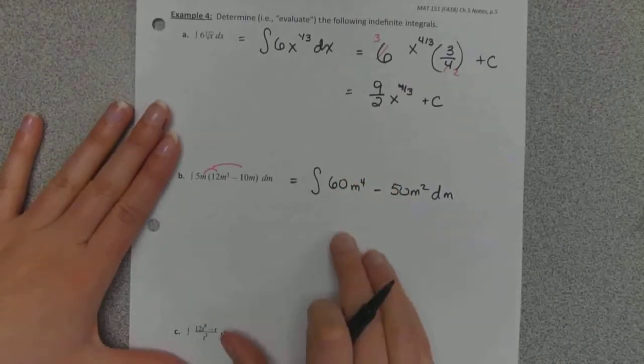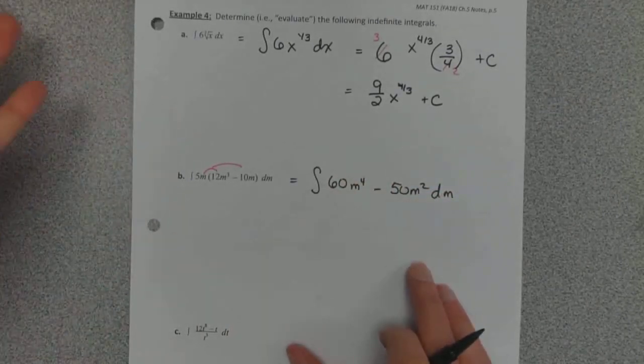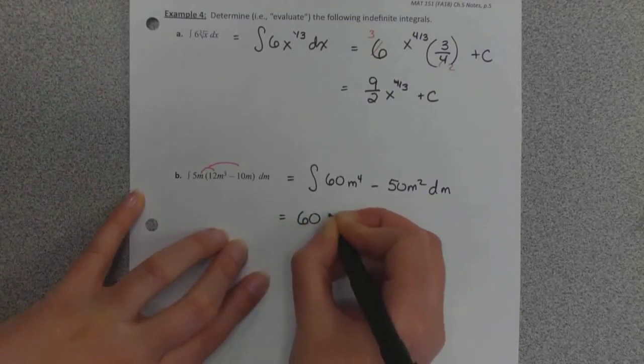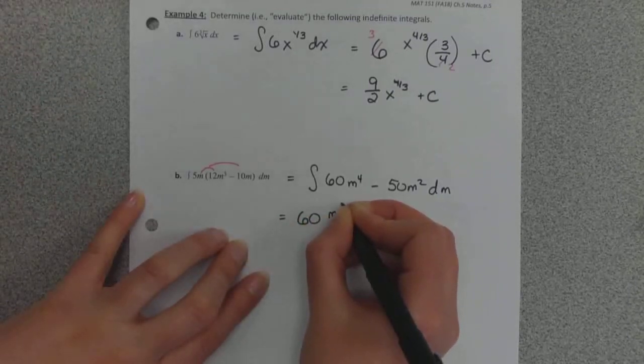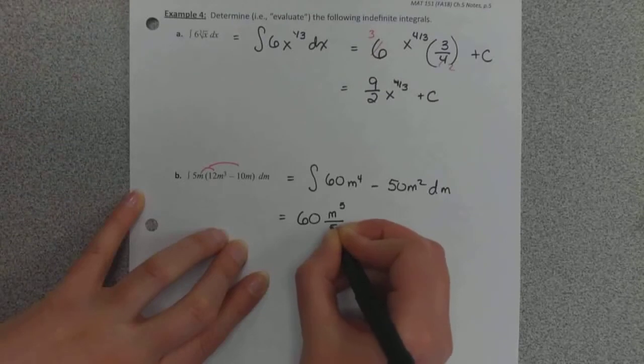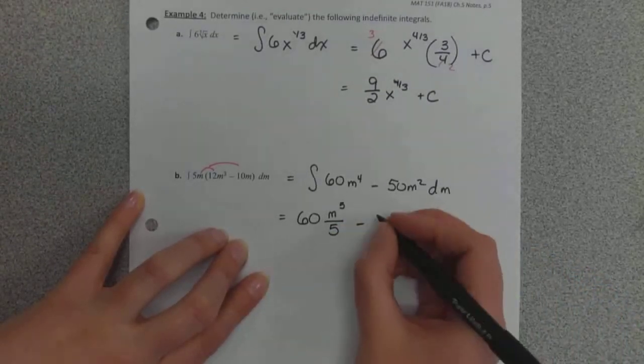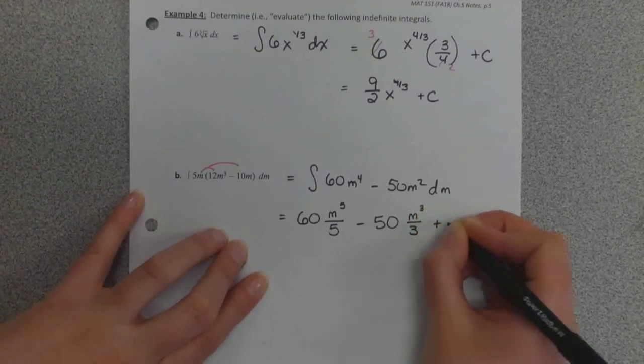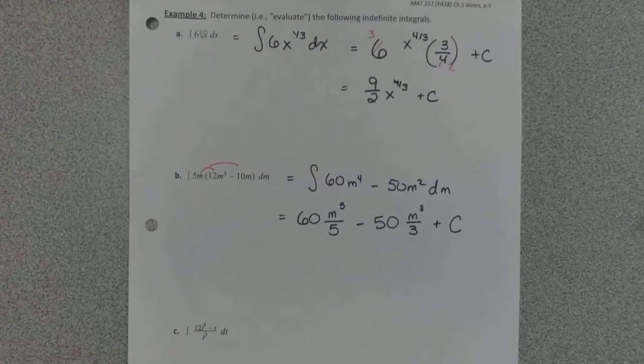And then I know I can do both parts of addition or subtraction separately, so we'll go ahead and do those separately. So I have 60m to the 4 plus 1 is 5 divided by the new power of 5 minus 50m to the 3rd over 3 plus c.